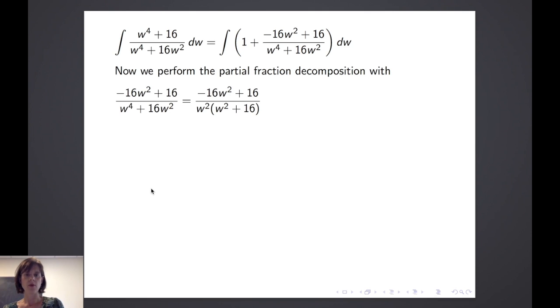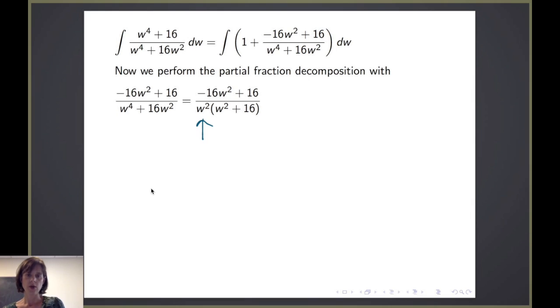And I'm going to perform partial fraction decomposition with negative 16w squared plus 16 over w to the 4th plus 16w squared. First of all, I have to factor that denominator, and I notice that w squared is a factor of each of w to the 4th and 16w squared. With that, based on the rules of partial fraction decomposition, I know there will be 2 partial fractions associated with w and 1 partial fraction associated with w squared plus 16.